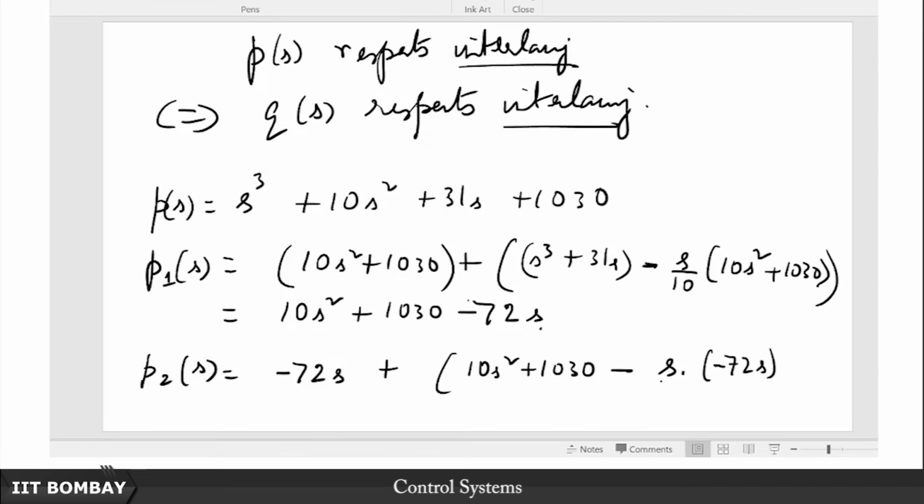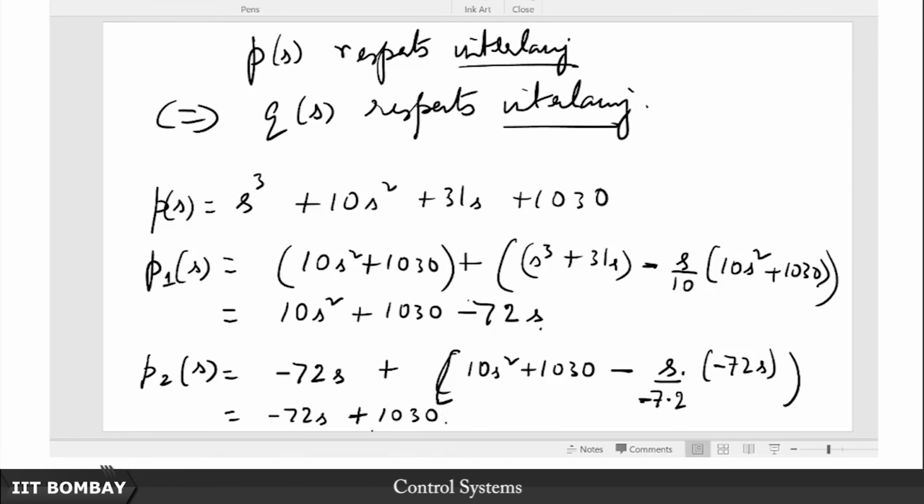I have to multiply it by 7.2, minus 7.2 rather, then I can actually get rid of this. So now I'm going to just consider this minus 72s plus 1030 alone, because now I don't have any constant term here.